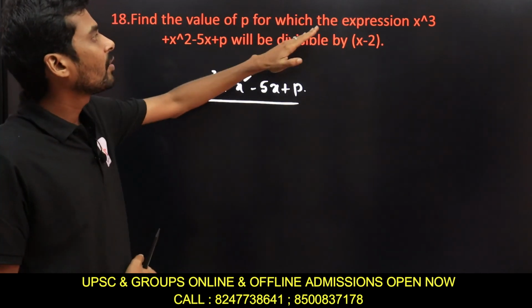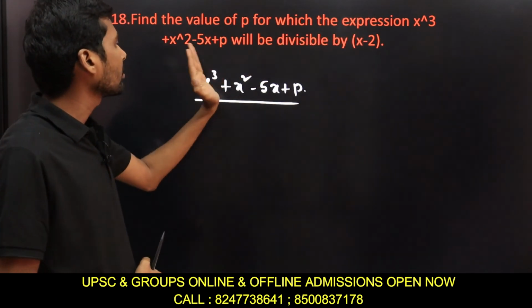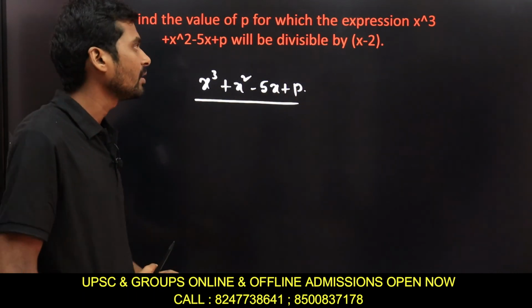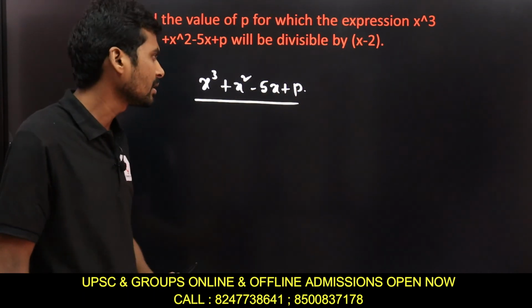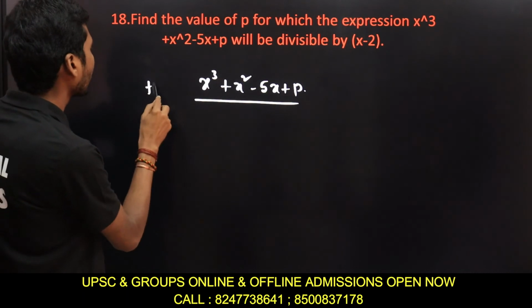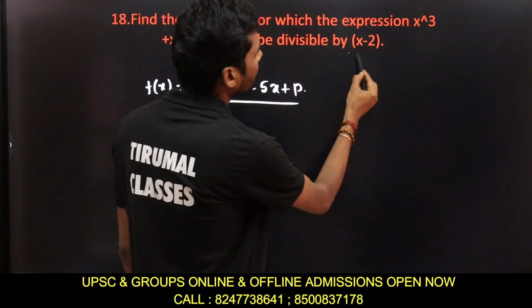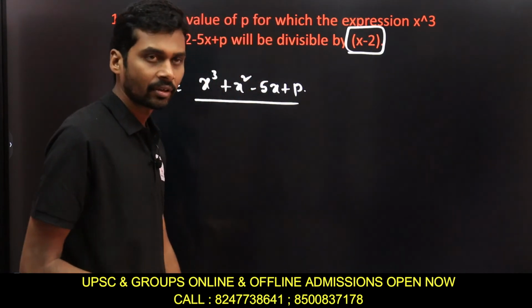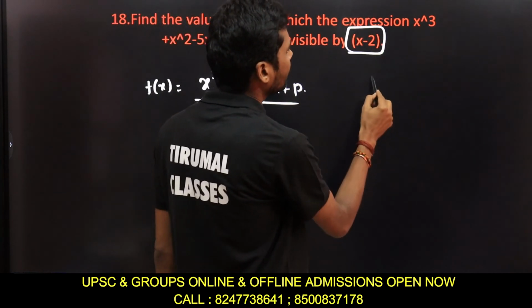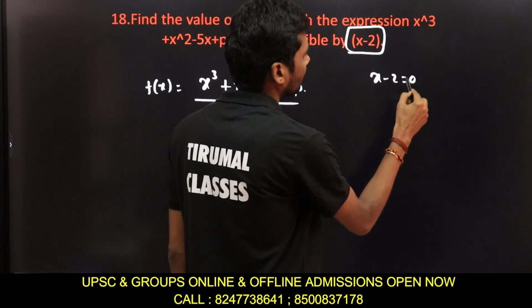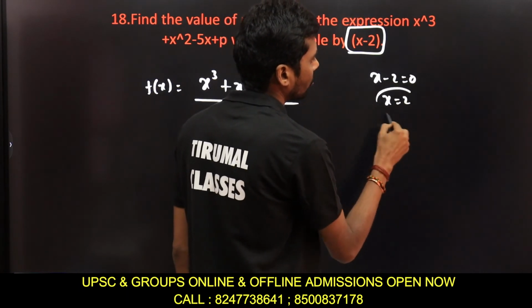Find the value of p for which the expression x cube plus x square minus 5x plus p will be divisible by x minus 2. Let us represent this by f of x. Since it is divisible by x minus 2, just equate x minus 2 is equal to 0. Therefore x value is what? 2.